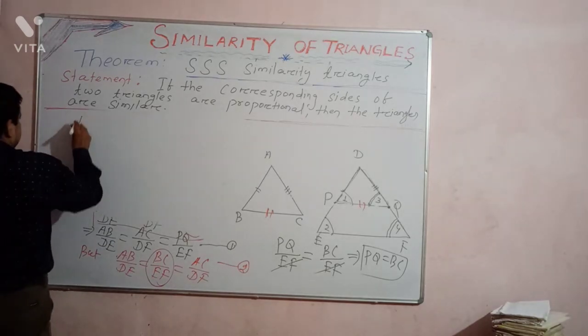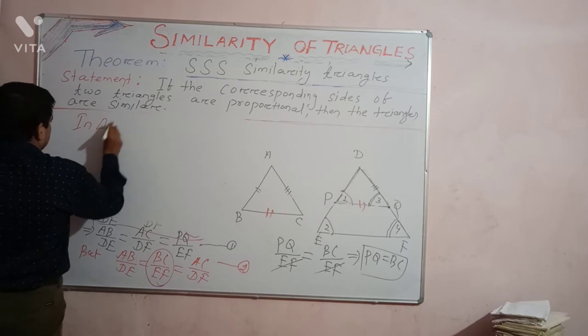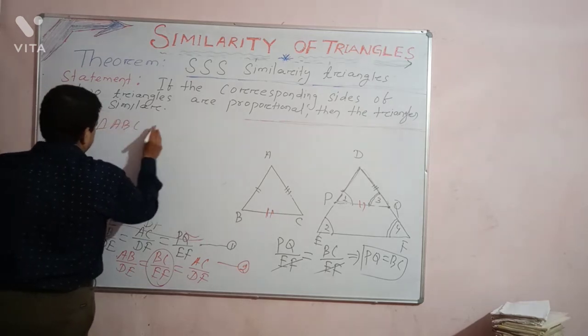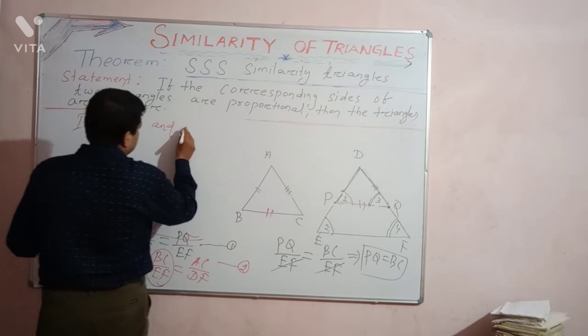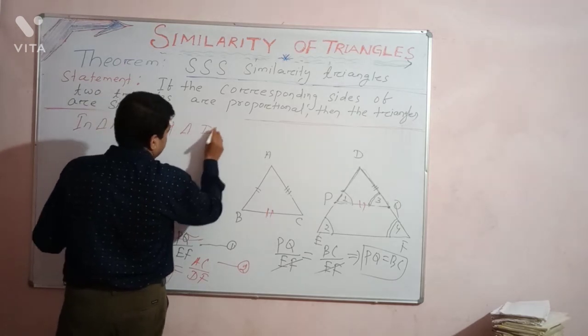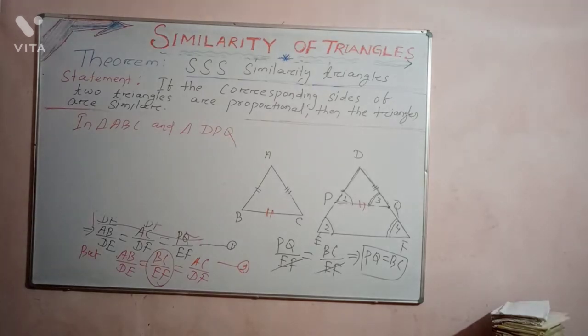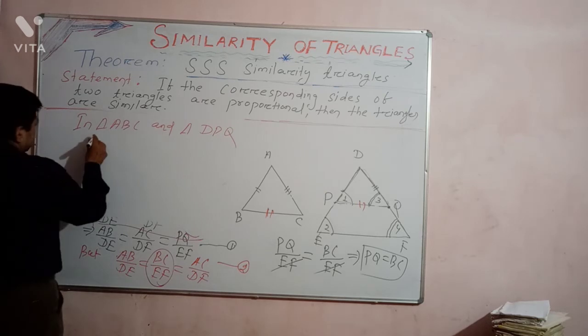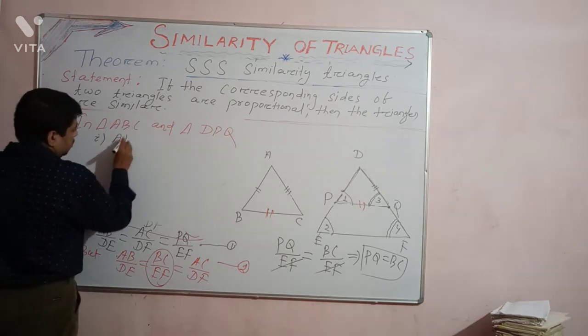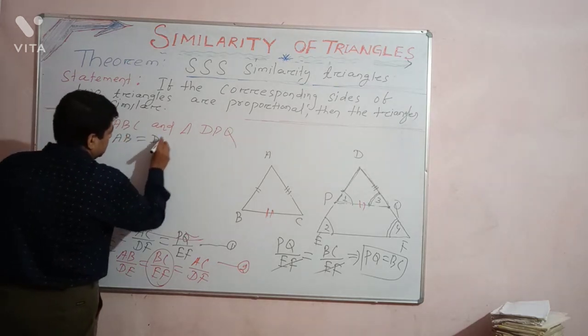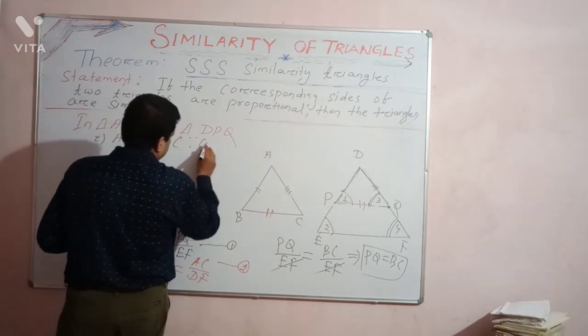Look at here, in triangle ABC and triangle DPQ. Is it clear? What are you finding? Number one, AB is equal to DP. It is already constructed.